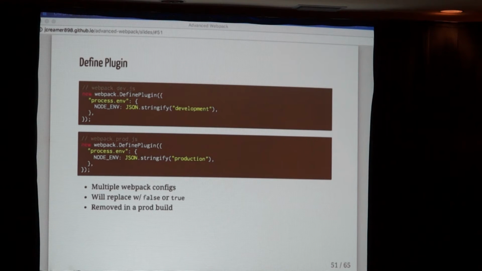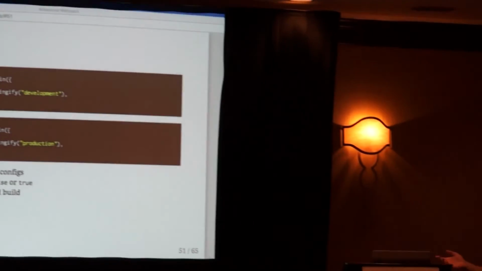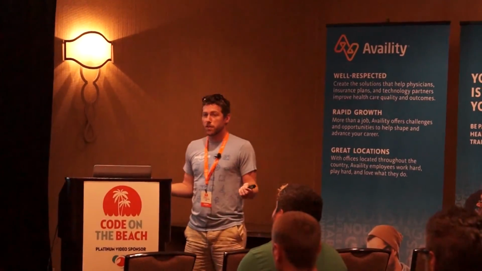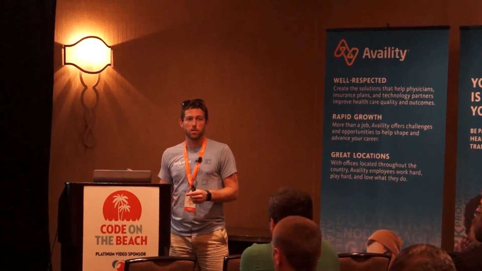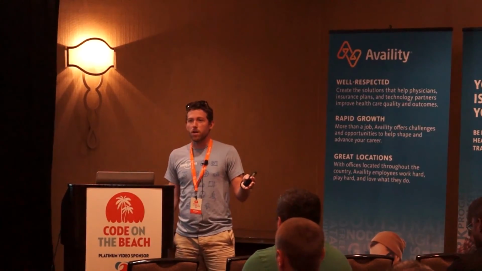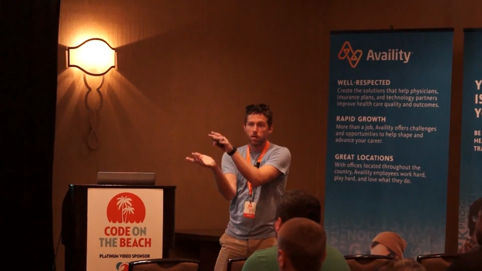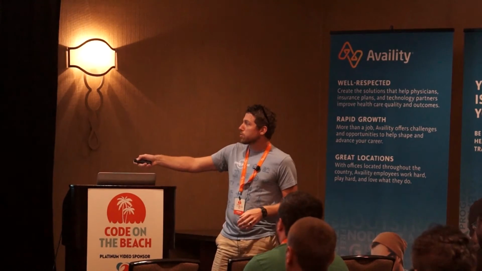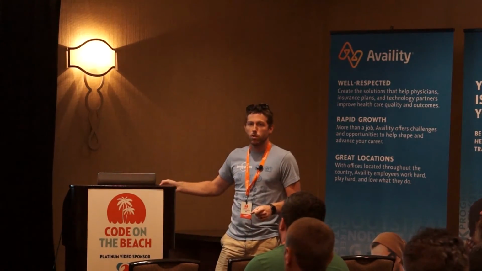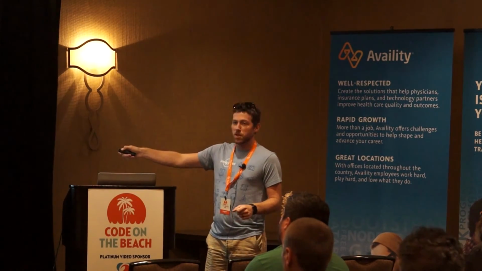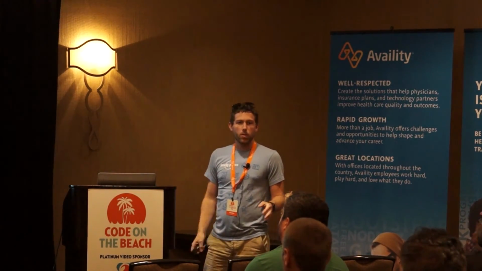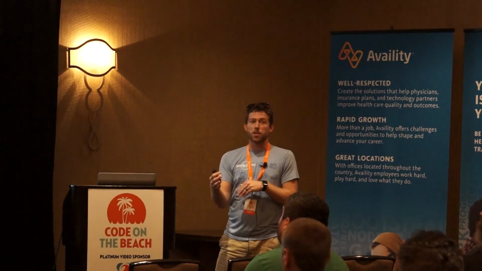You could just say prod true or dev true. You can even use this for feature flags if you wanted. So if there's a certain new component you're working on, a new widget, you could have show this widget true or false. And then in your code, it would just automatically replace it with that Boolean. That way you can turn that feature on and off via your Webpack config.